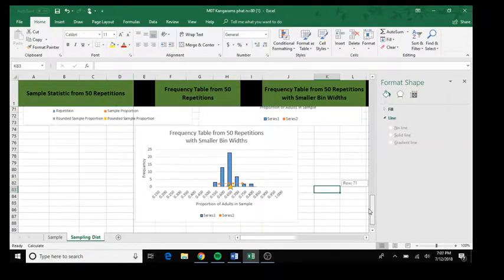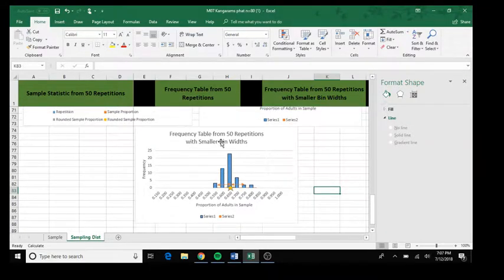And for my frequency table from 50 repetitions with smaller bin widths, this one is the zoomed in version because it's going by 5s rather than one whole number.